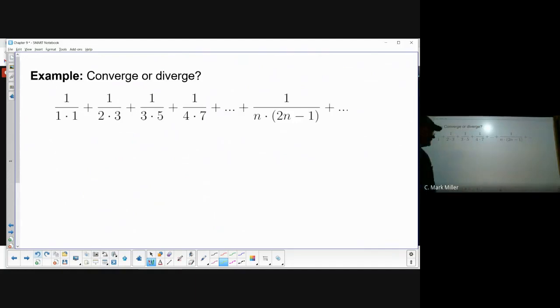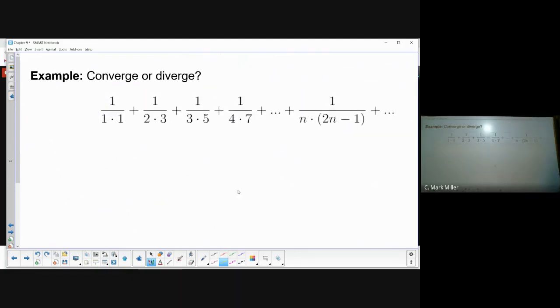So this equals the sum from n equals 1 to infinity of 1 over n(2n minus 1).